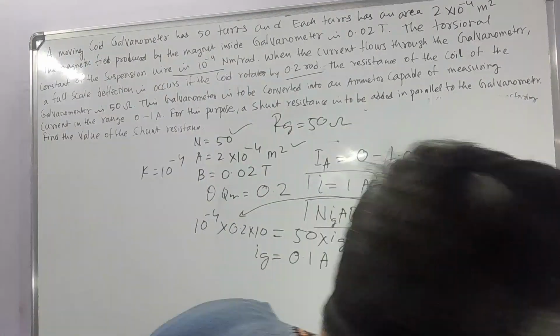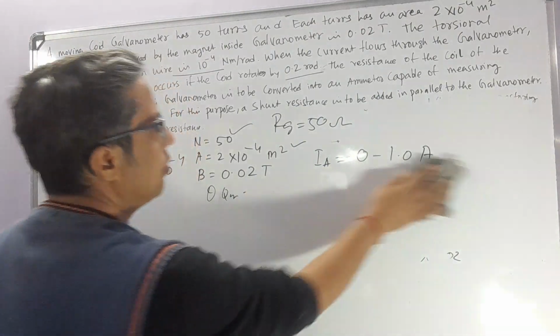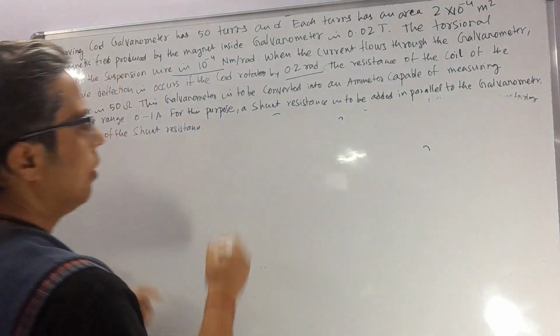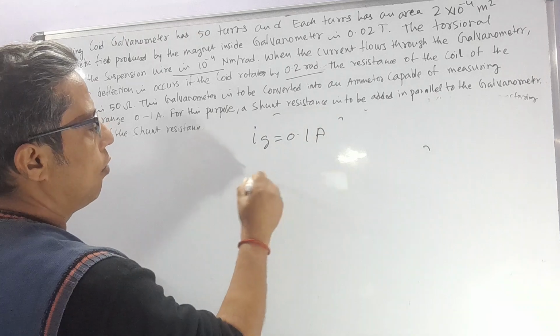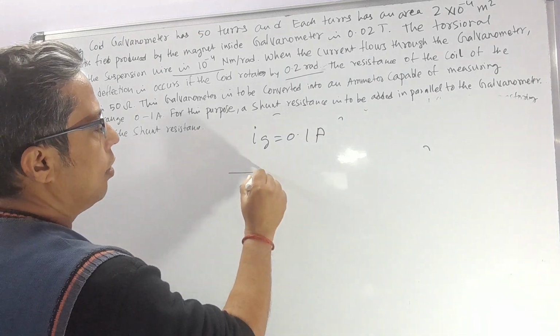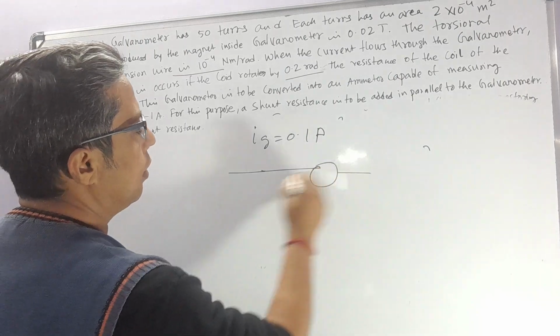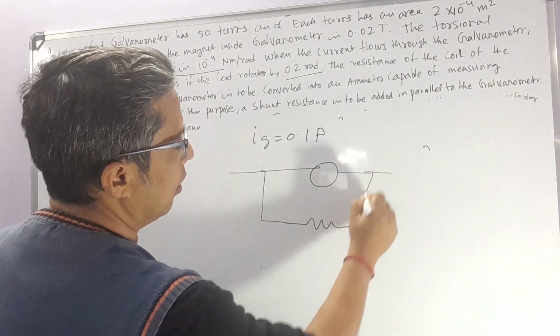Now let's go to the shunt. We got the value of Ig here, that is 0.1 ampere. This is the galvanometer, and there is a shunt we are adding.